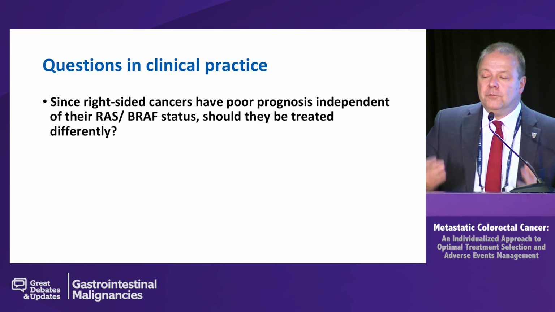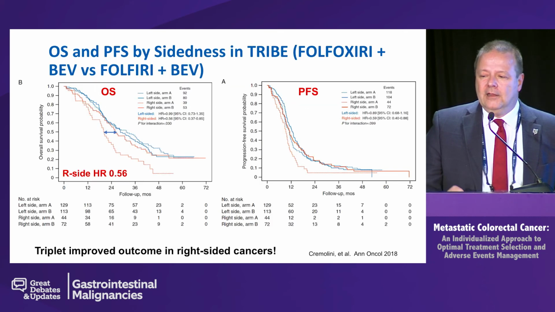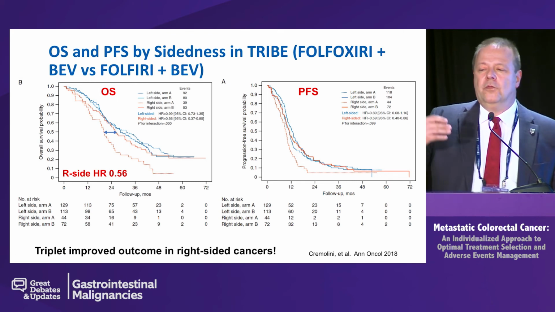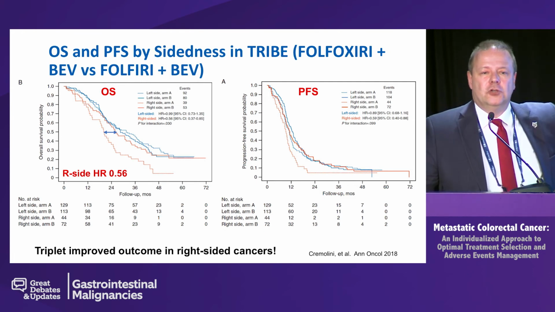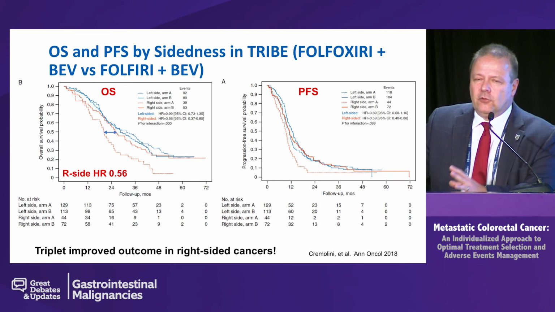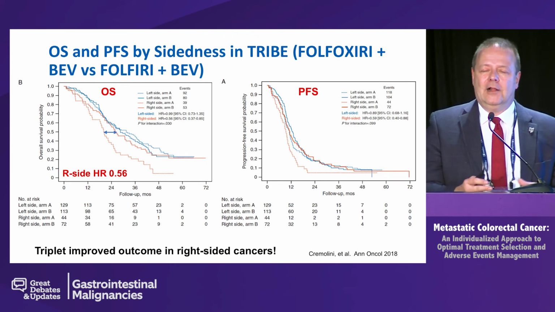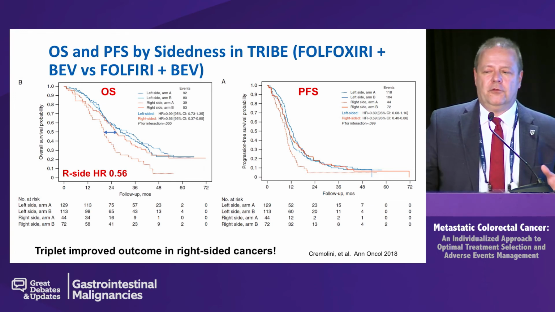So right-sided cancers have poor prognosis. Should we treat them differently, independent of their RAS and BRAF status? And yes, if I have a patient who's a candidate for a triplet therapy, right-sided tumors, that's where a triplet actually has shown to work. This is an unplanned exploratory analysis of the TRIBE data, which looked at FOLFOXIRI plus Bev versus FOLFIRI plus Bev.